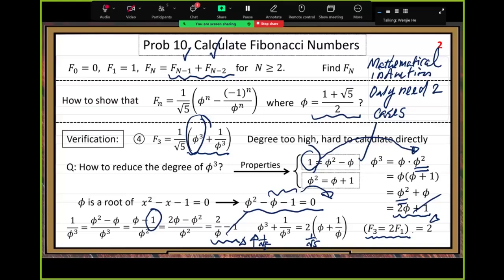And we know F1 equals 1, so 2 times 1 is 2. That tells us F3 equals 2. So that's the verification for F3.